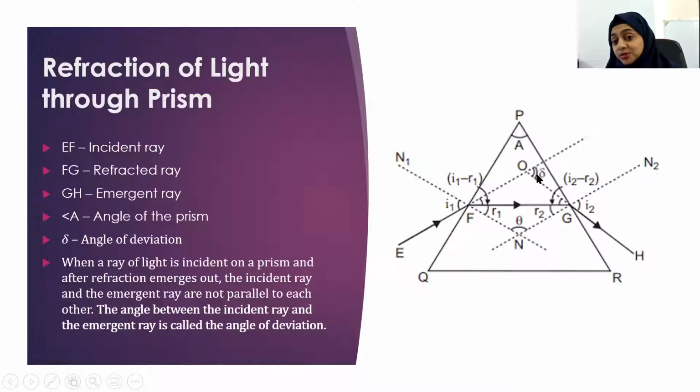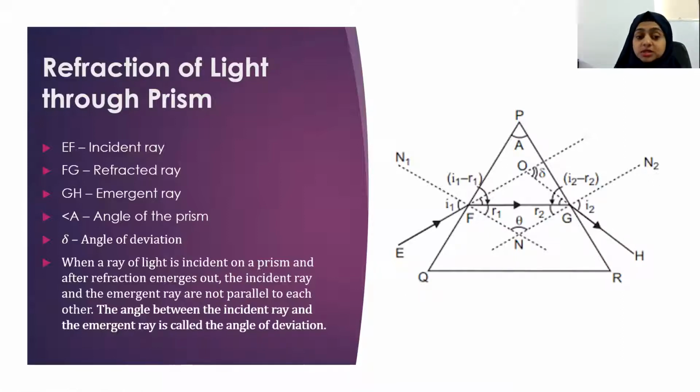And the angle between these two rays is called the angle of deviation. In most books, it will be represented by the letter D, but in your book, it is represented by delta. It can be represented either by D or delta. So here, delta represents the angle of deviation.